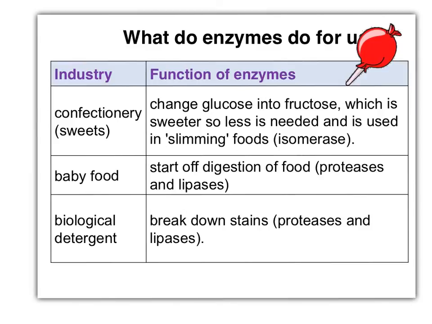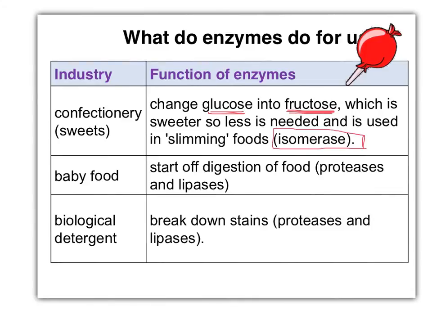So the last bit is what enzymes can do for us. Well, we use them in industry, in confectionery or sweets, baby food and biological detergent or washing powder. So the function of enzymes for sweets basically changes glucose into fructose using isomerase.